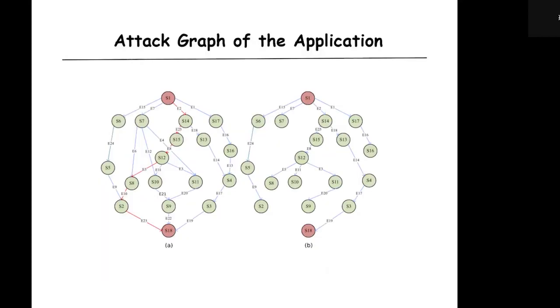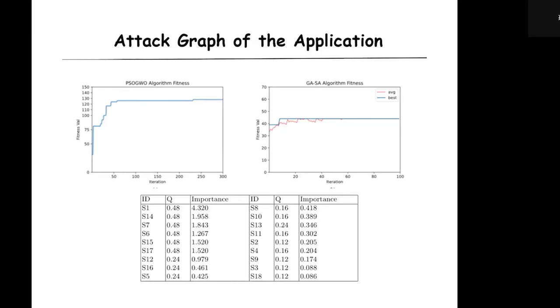First step, we find the aberrations of maximum weight, which is shown in figure B, and then we find the path with the biggest risk, which is marked red in figure A. The heuristic algorithm's fitness changed like the figure above, and the importance obtained from the attack graph is shown in the table.